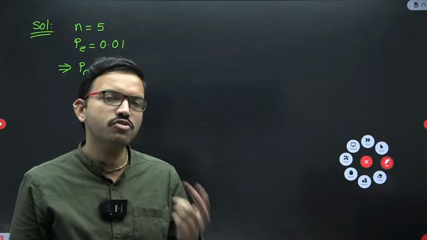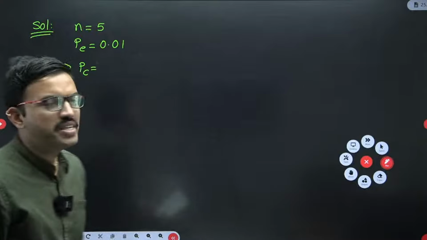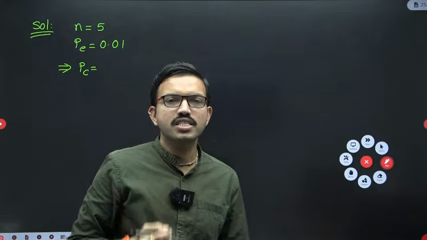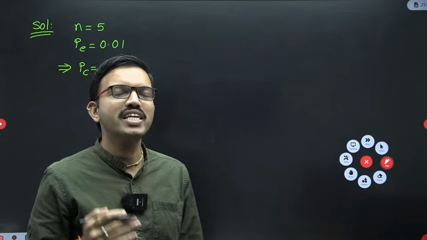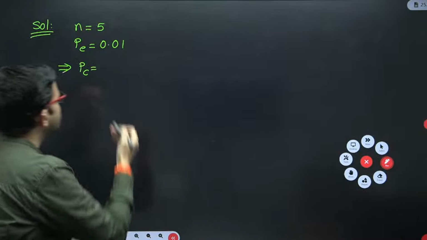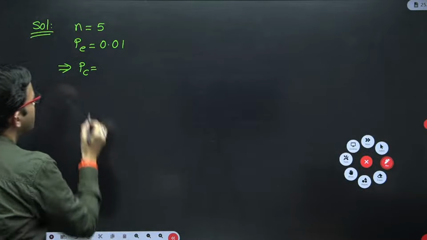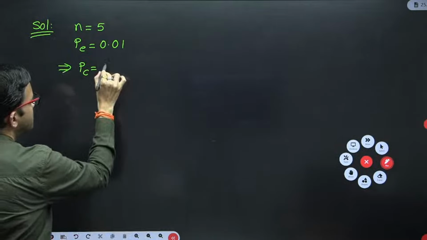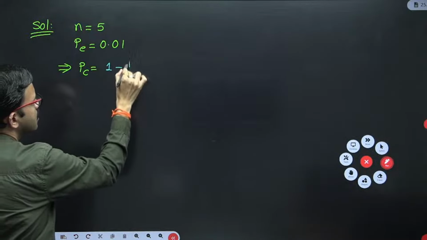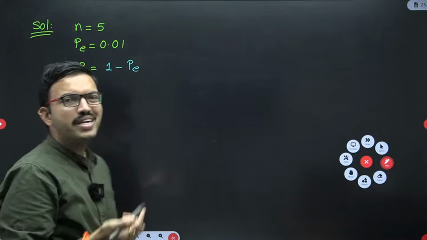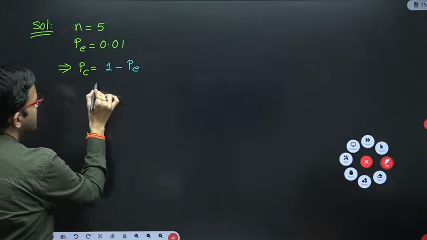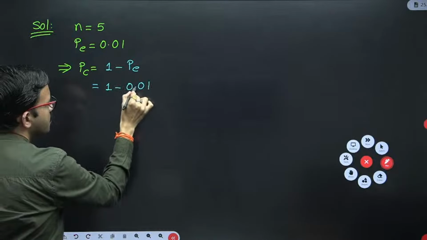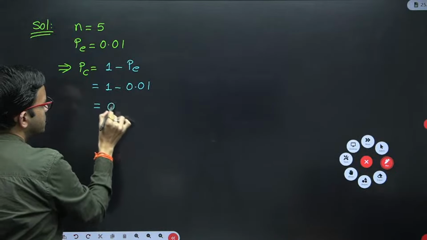If you get the opposite, error is there in that bit. So only 2 possibilities are there: either correct or error, so the sum of all probabilities equals 1. The probability of getting the bit correct is 1 minus the probability of getting the bit in error. So 1 minus PE is 1 minus 0.01, which is 0.99.